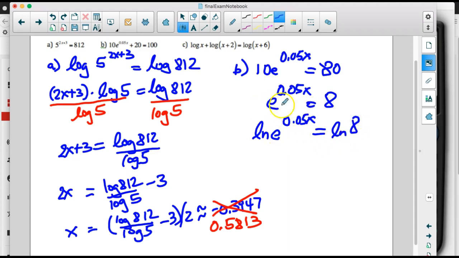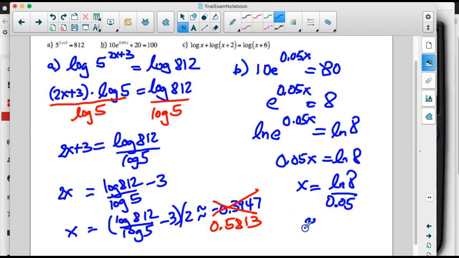So I took the natural log of both sides. This part, as I said in the previous problem, basically undoes one another. So we get 0.05 x equals ln of 8. So we just have x equals ln of 8 divided by 0.05.